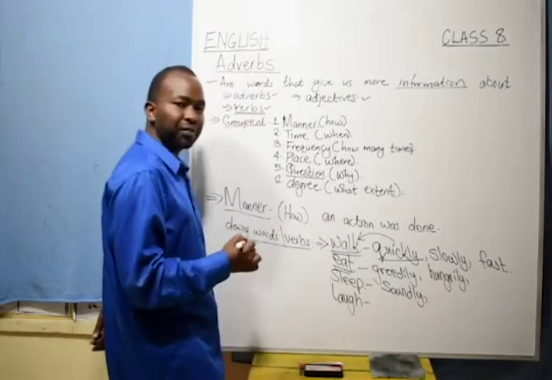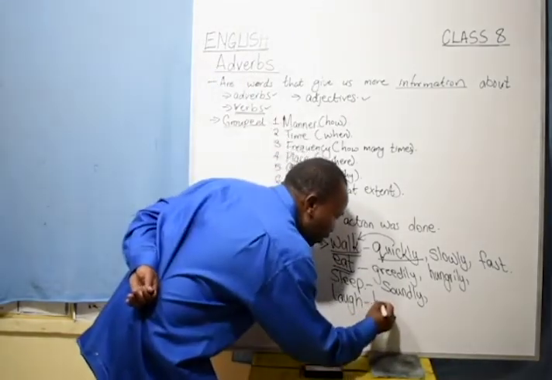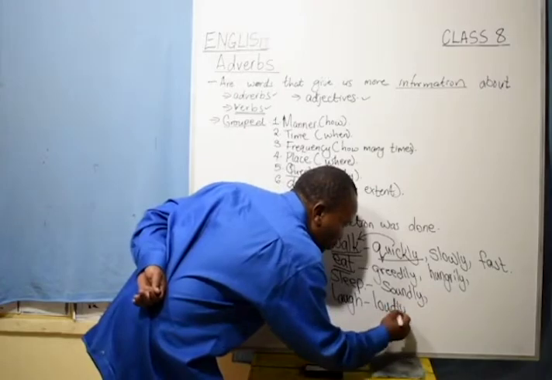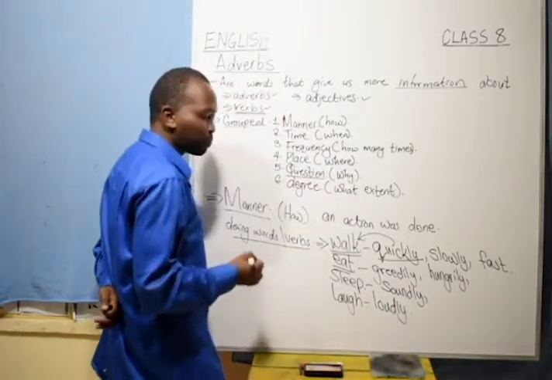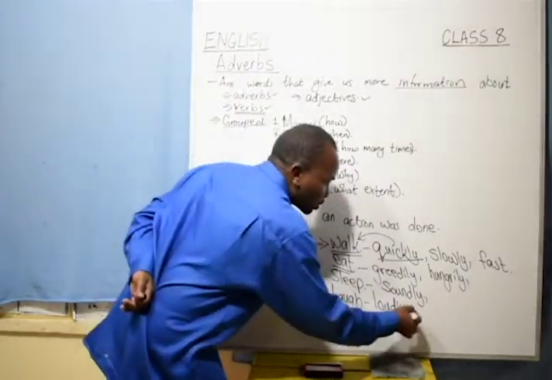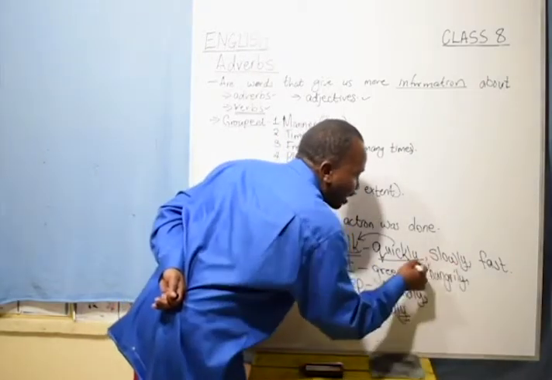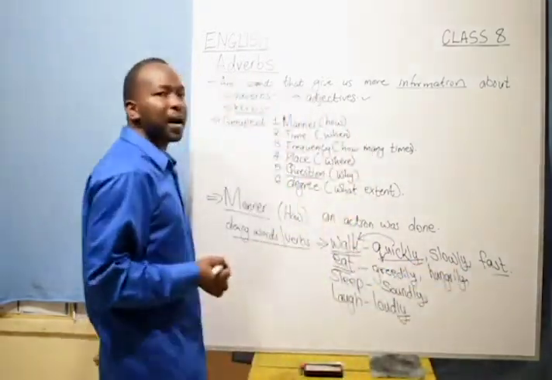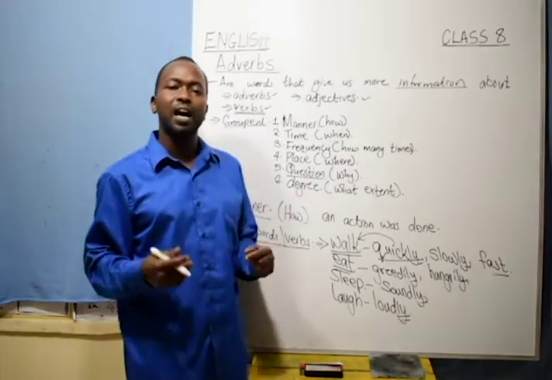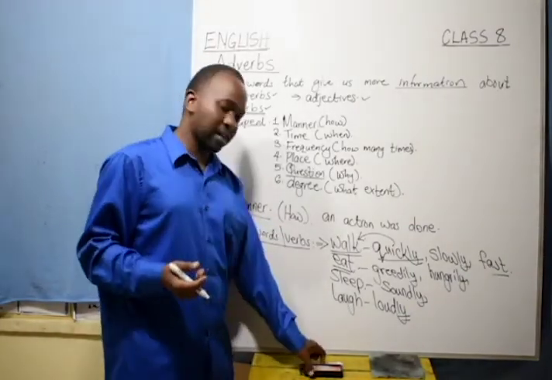What about laugh? You can laugh loudly. Maybe the joke was very funny. The boy laughed loudly. So all these are adverbs of manner, showing us how an action is done.